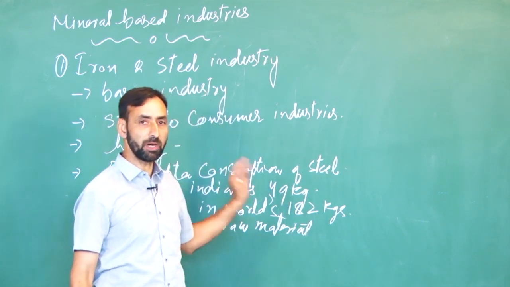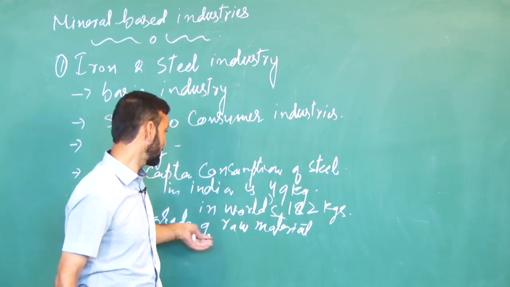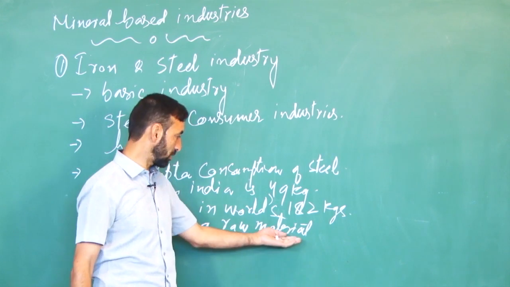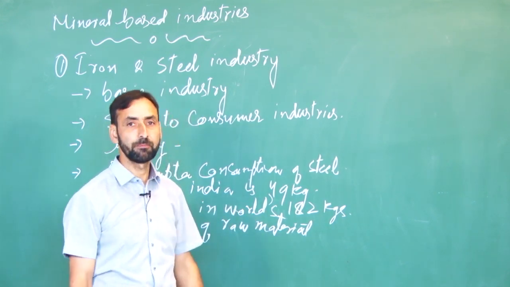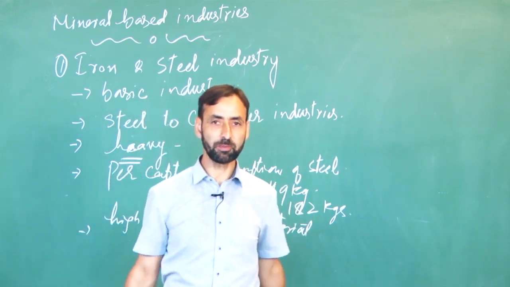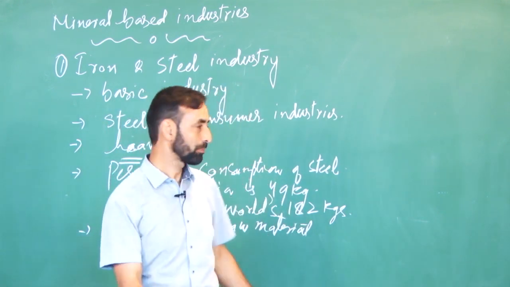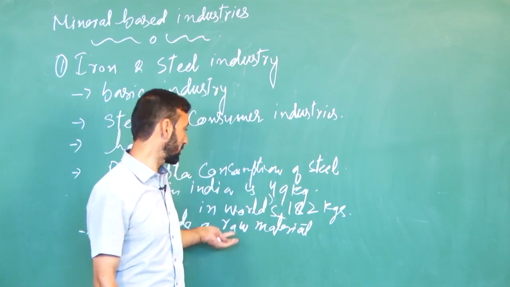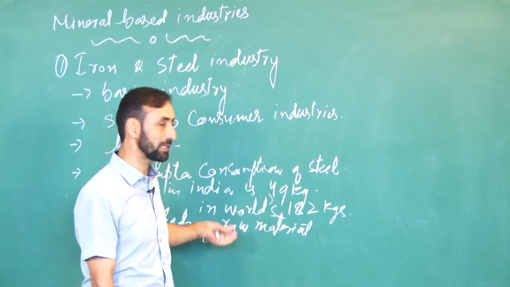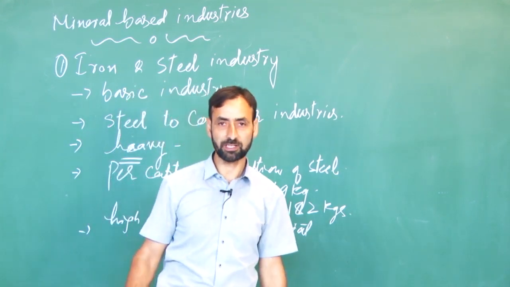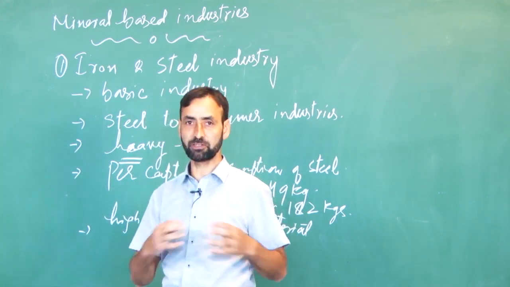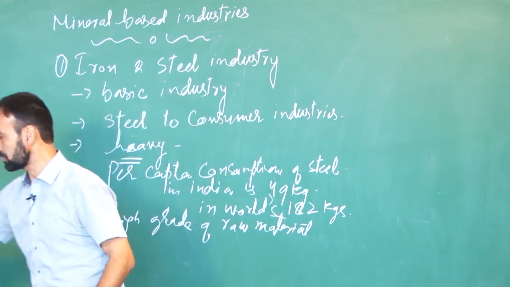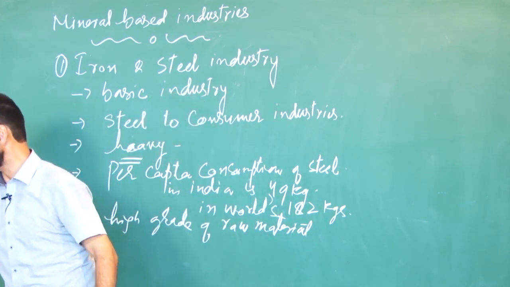There should be the market which should be very near to the home market. Industry should be very near to the home market. In this way, there are various problems faced by this industry, that is the erratic power supply. Power supply is not regular. There is poor infrastructure. Industries are not that much new, and sophisticated machinery is not found. In this way, this was about the iron and steel industry.